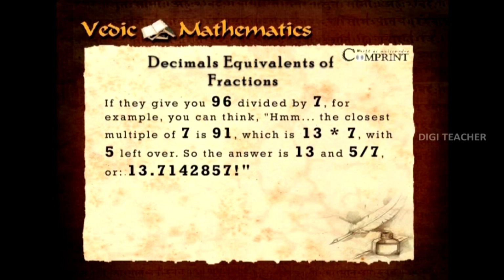If they give you 96 divided by 7, for instance, you can think, the closest multiple of 7 is 91, which is 13 multiplied by 7 with 5 left over. So, the answer is 13 and 5 by 7 or 13.7142857. Isn't that good?